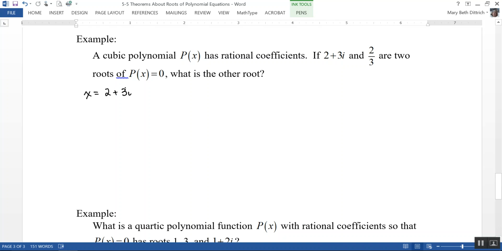I know that the other one is going to have to be 2 minus 3i, and then I have the root 2/3. So my answer is going to be x equals 2 minus 3i.